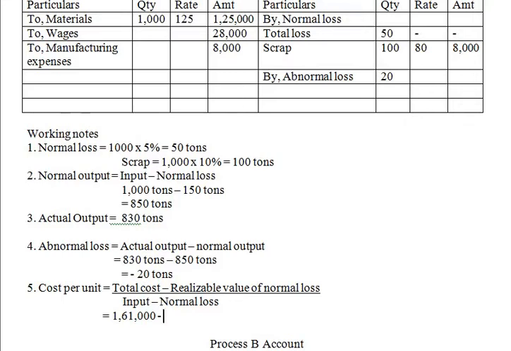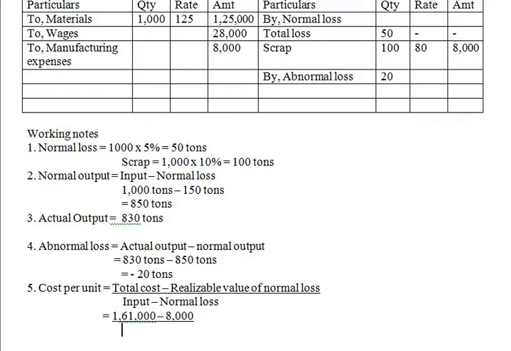The realizable value of normal loss, you will get it on the credit side of process account, that is 8,000, divided by input.